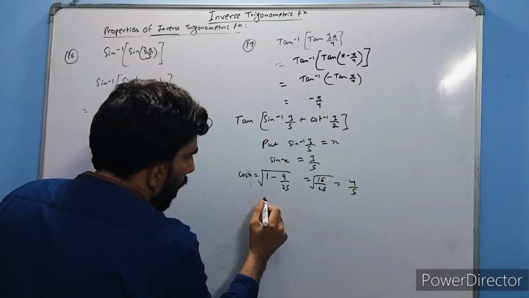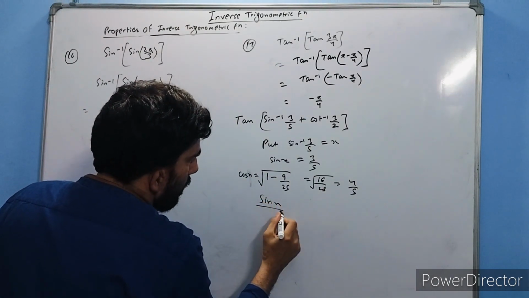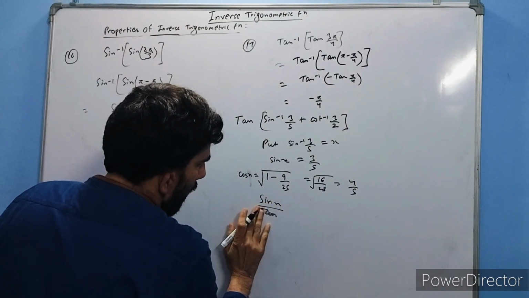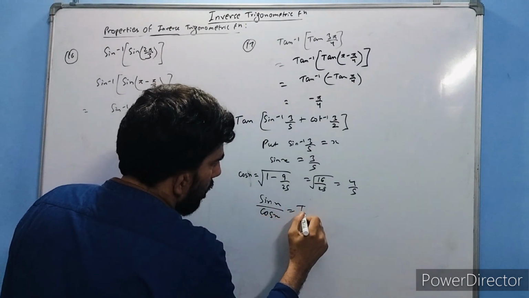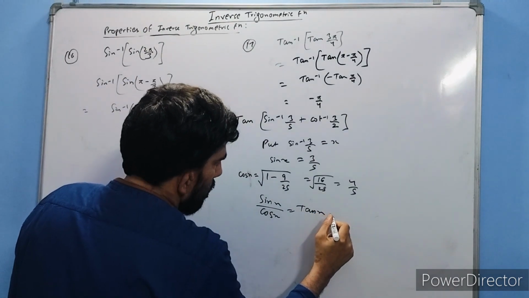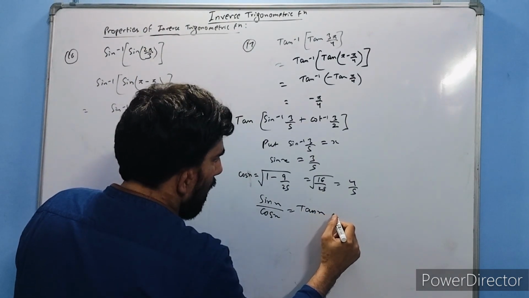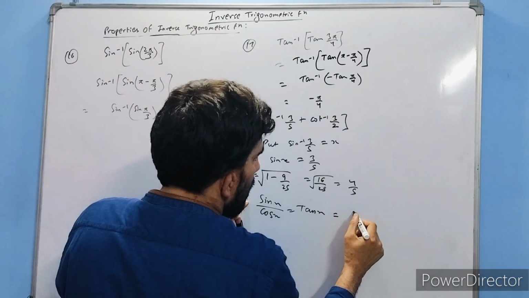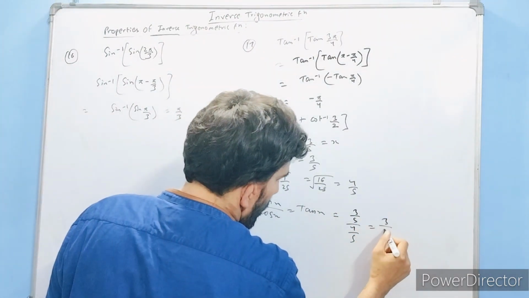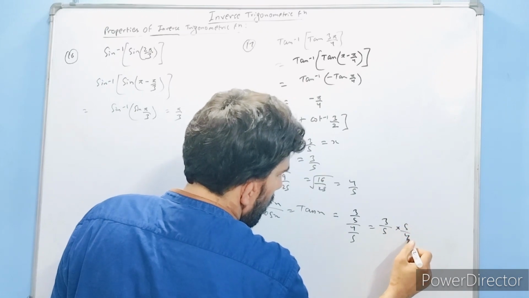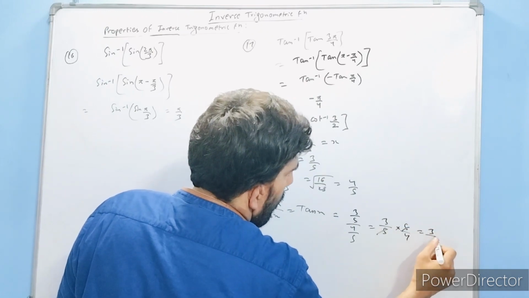So now I can find sin x upon cos x, we have tan x. What is sin x? 3 upon 5, and cos x is 4 upon 5. So I got 3 upon 5 into 5 upon 4, so I got 3 upon 4.